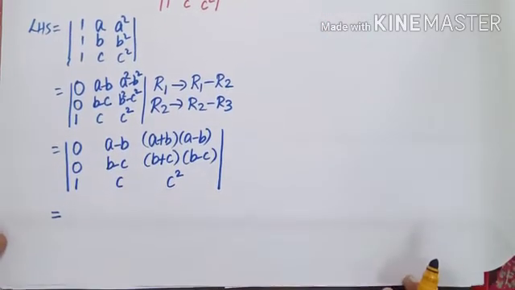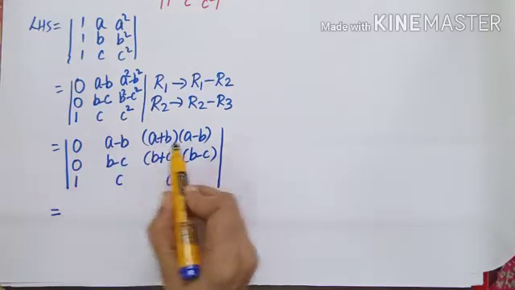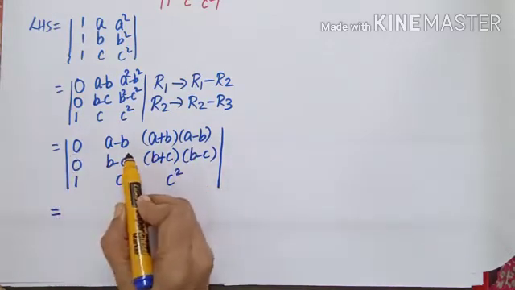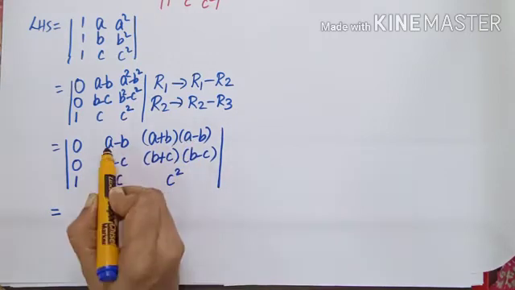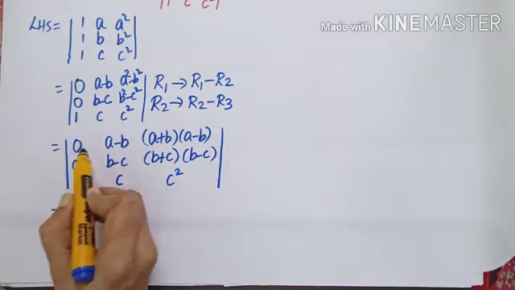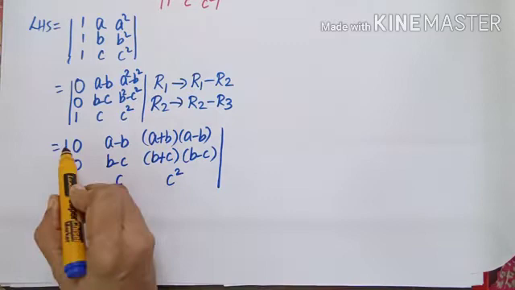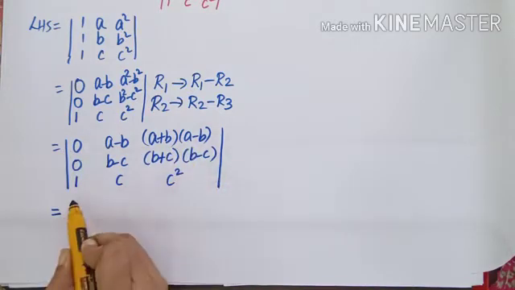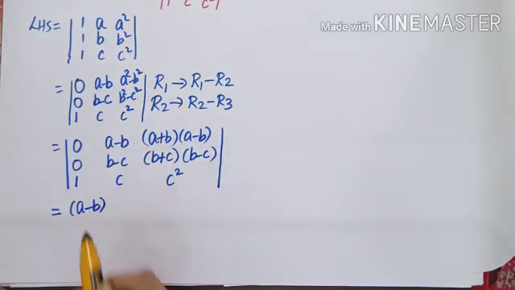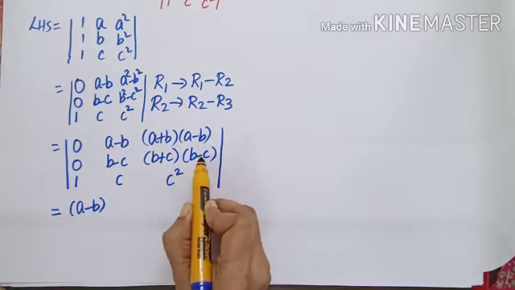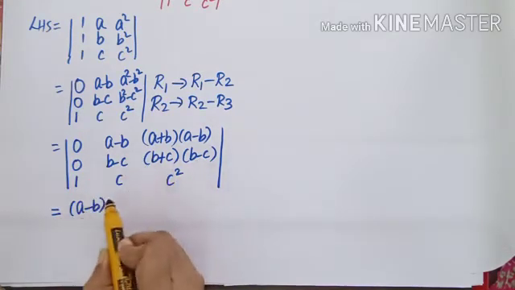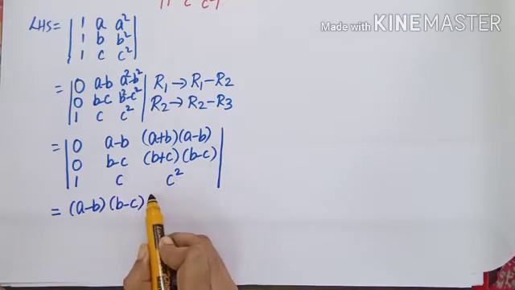What does the property say? If anything is common, any term, any number, I can take it out. A minus B, from 0, I can take any number out. So in all the three, take A minus B out. Similarly, second row, B minus C is common, take B minus C out.